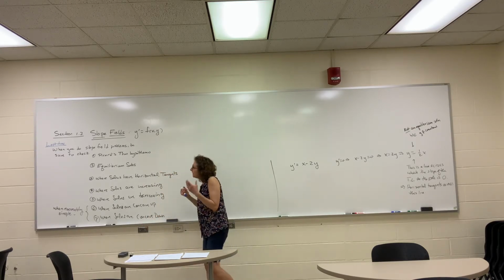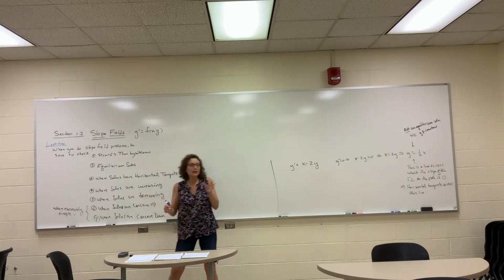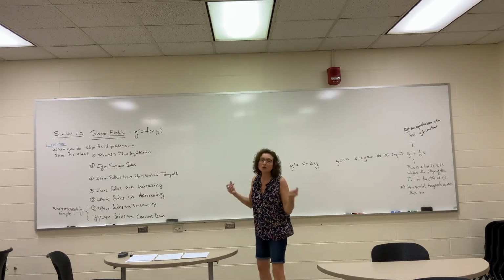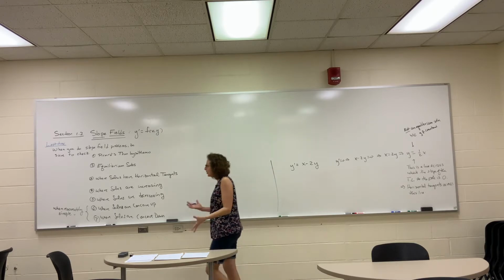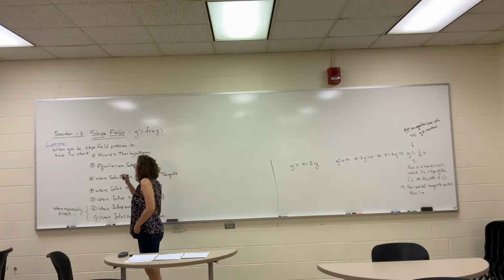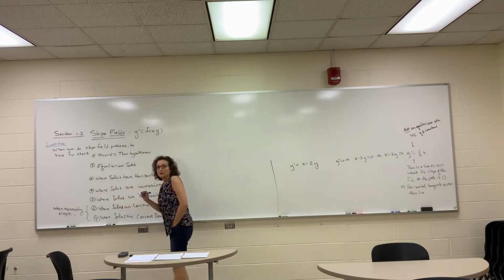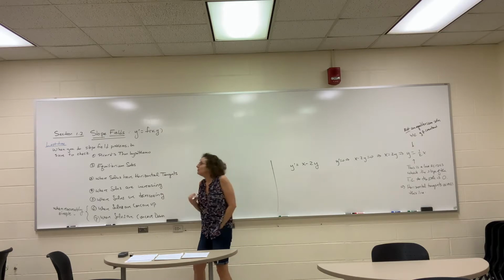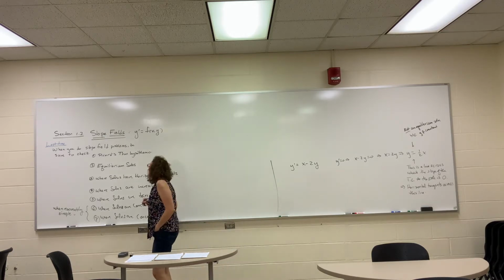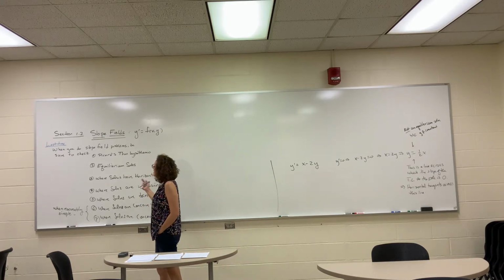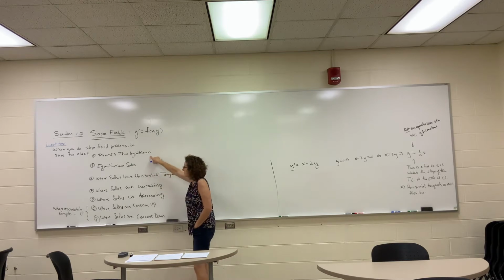In addition to understanding the slope field pictures, like the ones in the book and the ones you create with little tangent line hash marks throughout the xy plane, what I want you to be able to do is check that Picard's theorem hypotheses hold and figure out where that holds.